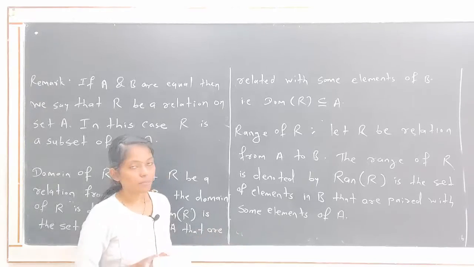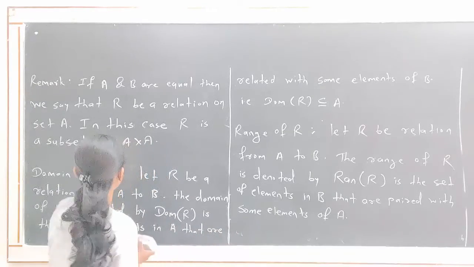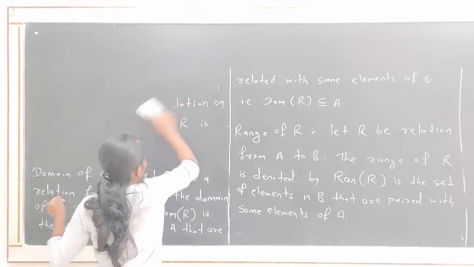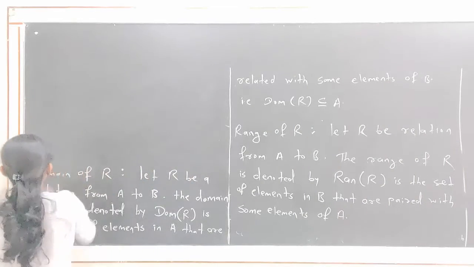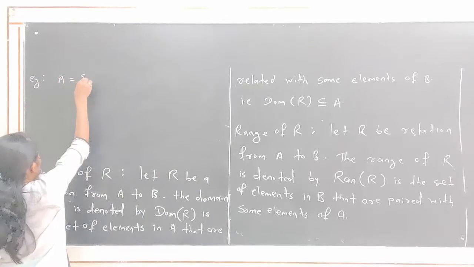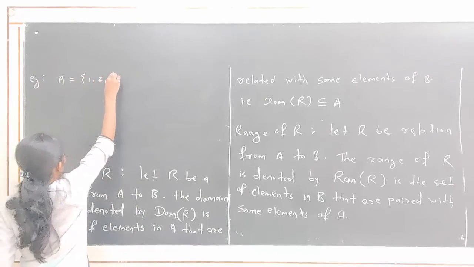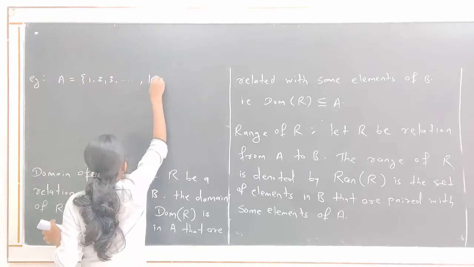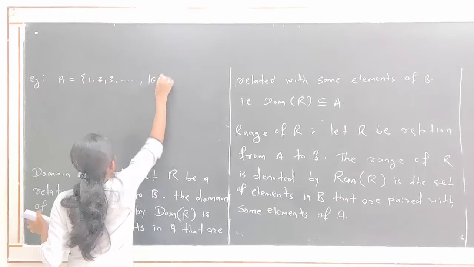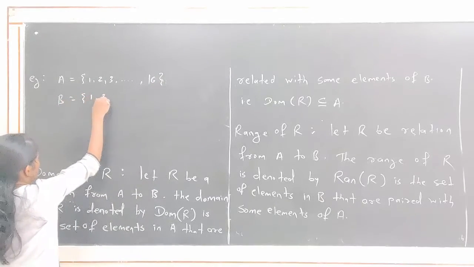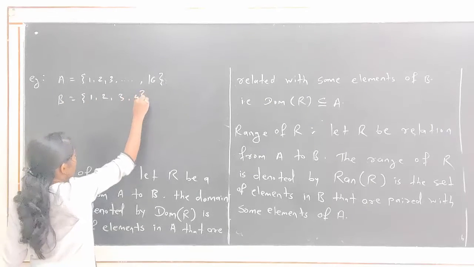Now we take the example of this. So here we take two sets. Example, set A is equal to 1, 2, 3, so on up to 16, and set B is 1, 2, 3, 4.